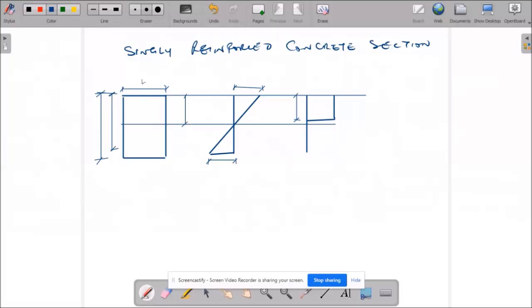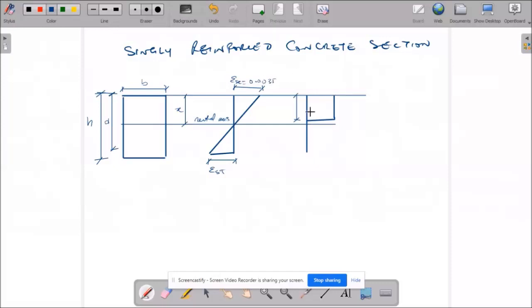This is B, this is H, the overall height, this is D, the effective depth, this is X, depth of the neutral axis, while this is the neutral axis. Then this is EST, this is ESC, which is equal to 0.0035.